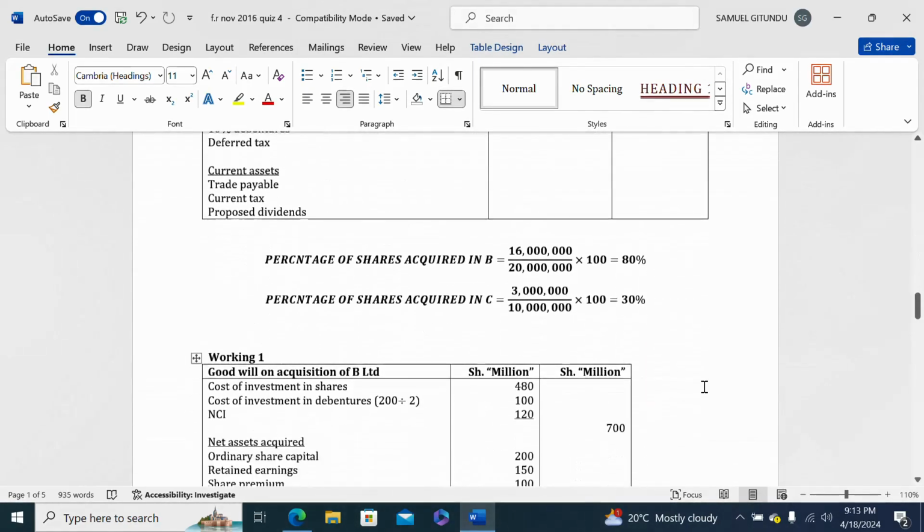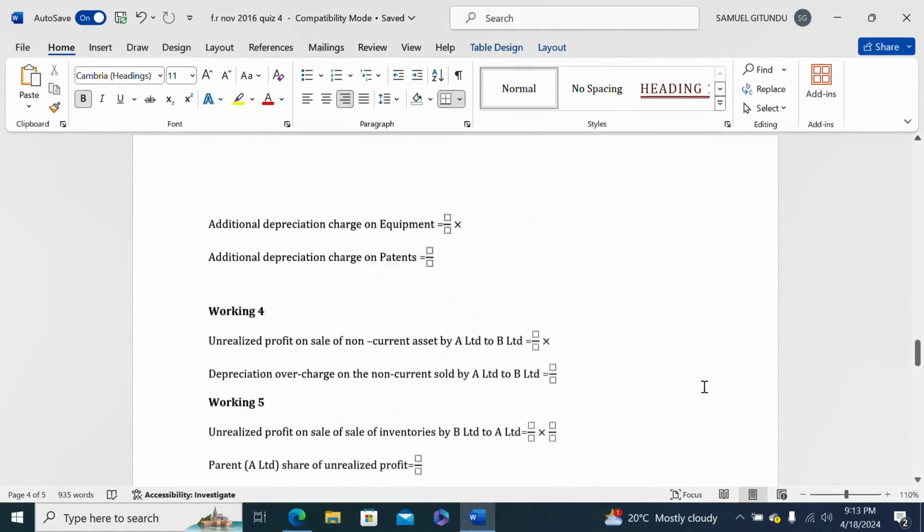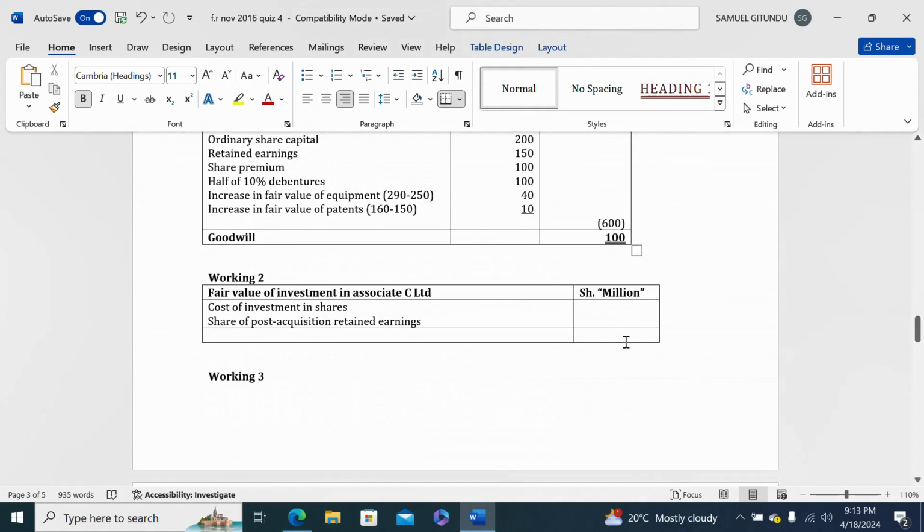So if we go to C, cost of investment is 120 million, and then the share of post-acquisition retained earning is 45.